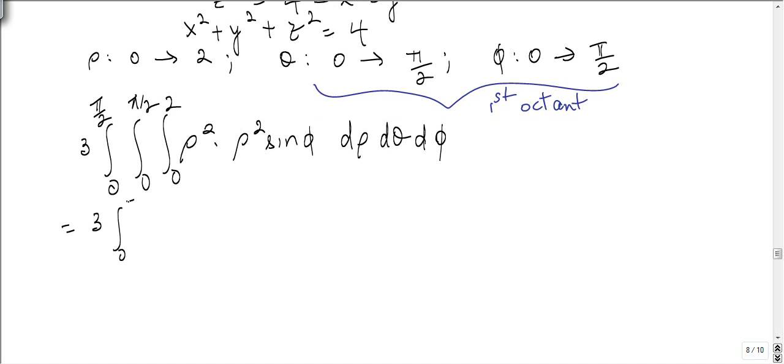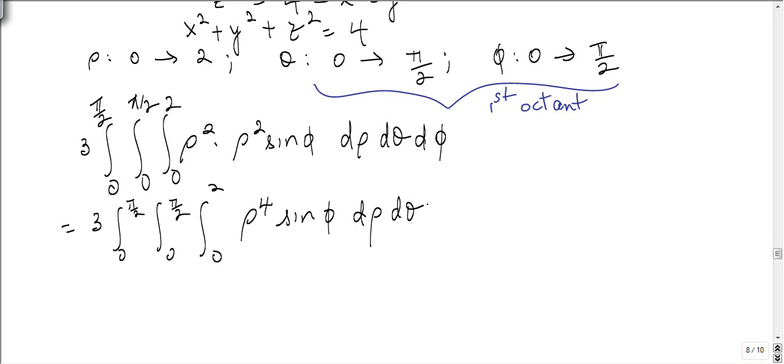3, 0 to pi over 2, 0 to pi over 2, 0 to 2. So that's rho to the 4th sine phi d rho d theta d phi. Okay, let's do this. Integrate with respect to rho.